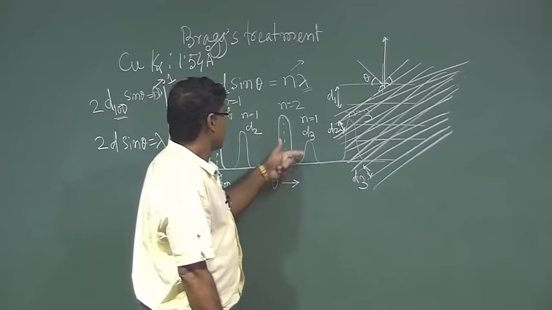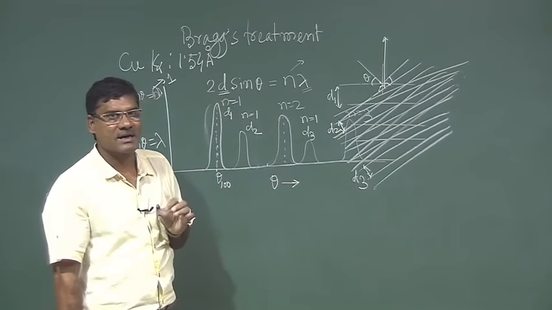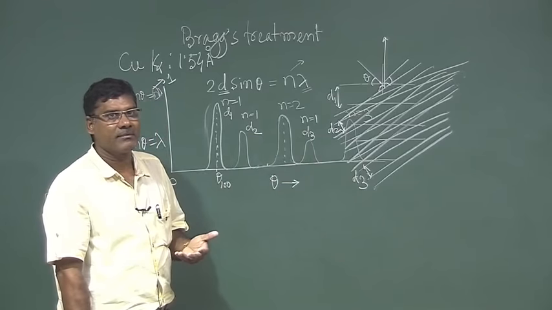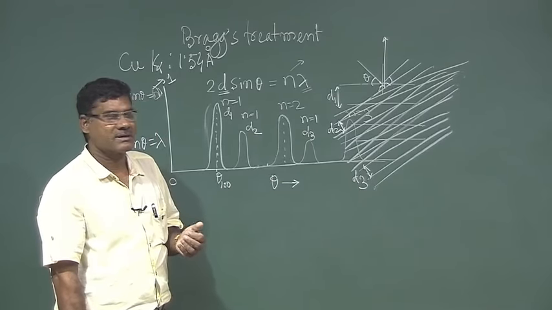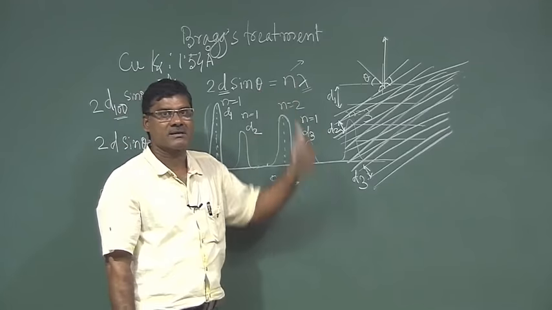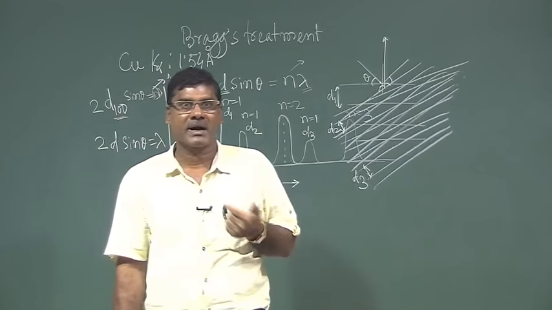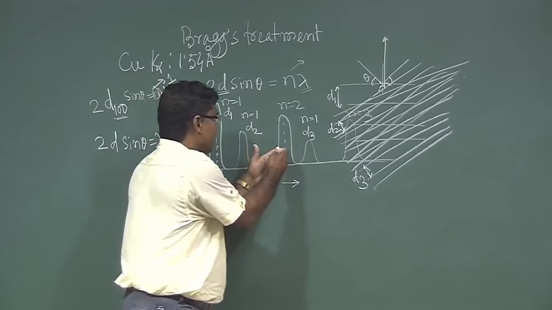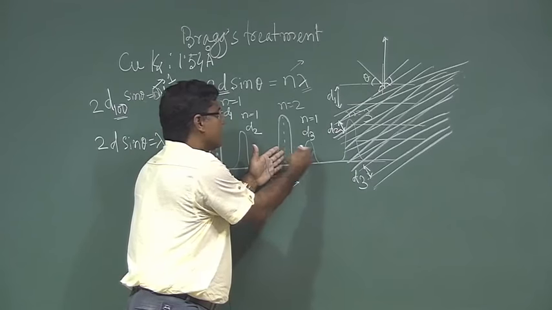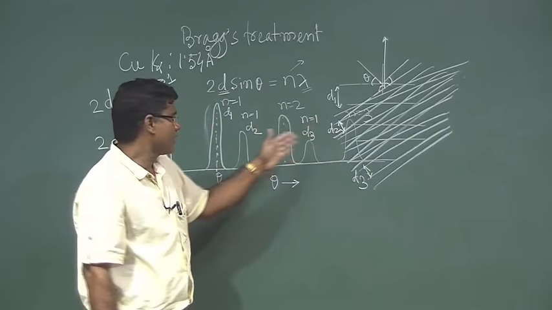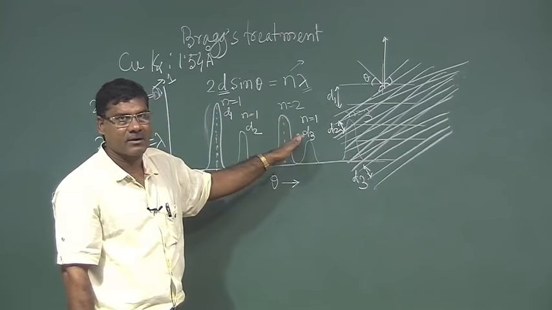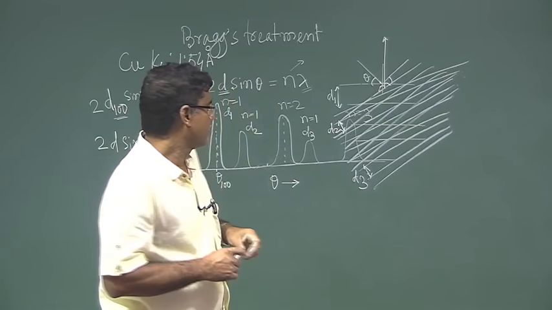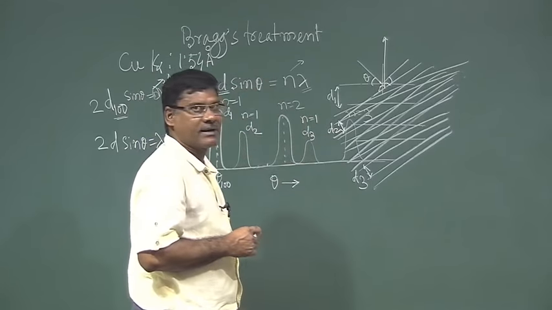Okay. But here one has to be careful. Here I have just drawn different orders, but generally we consider the first order only. One has to consider that at a higher angle sometimes the second order peak may come. We should not confuse whether it has come from a different plane or from the same plane as a second order. So, one has to be careful when analyzing this X-ray data.